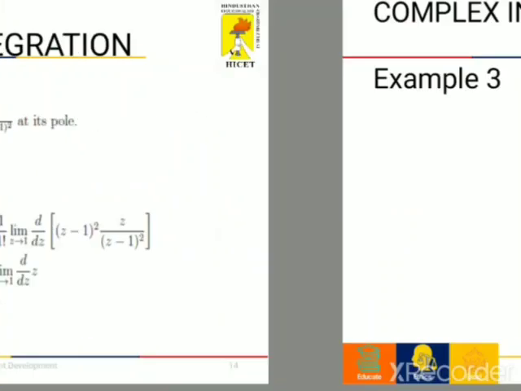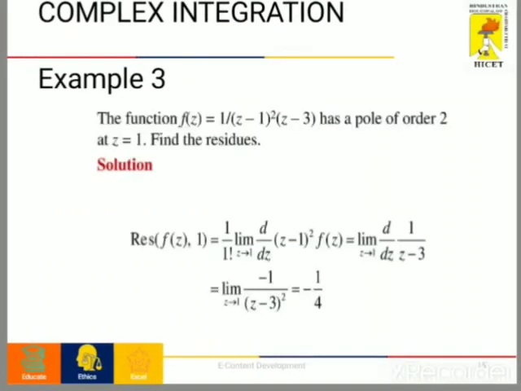The next question is the function f of z equal to 1 by z minus 1 the whole square into z minus 3 has a pole of order 2 at z equal to 1. So find the residue. Here the given function is f of z equal to 1 by z minus 1 the whole square z minus 3.